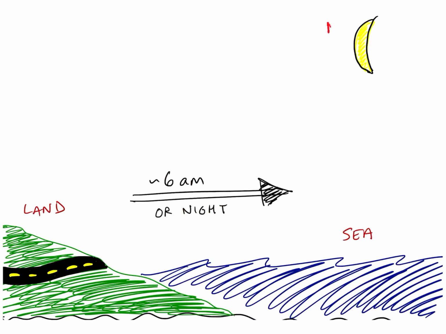All right, so now at nighttime, it's the coldest time of the day. Either early morning or at night once the sun has gone down, you have the coolest times of the day. So remember, the sea doesn't really change its temperature that much because it has that high specific heat.